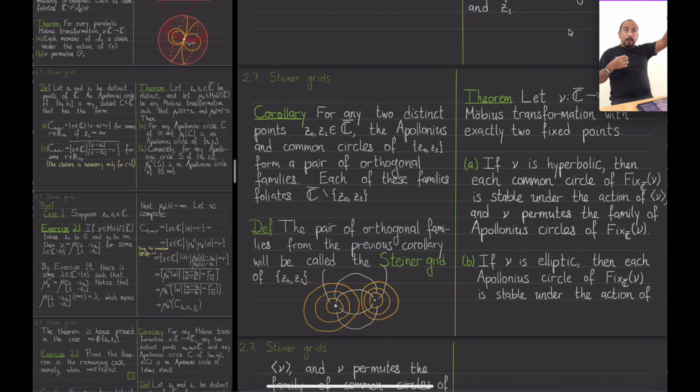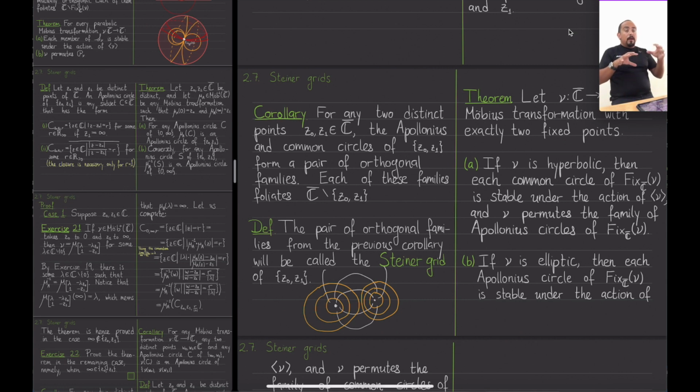So this means that, by elementary conjugation, each common circle of the 2 fixed points of my hyperbolic transformation is preserved by nu. So if nu is hyperbolic, then nu preserves each common circle.